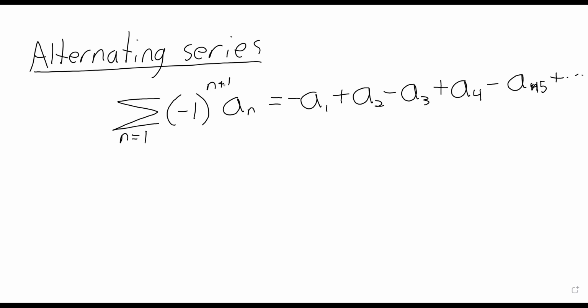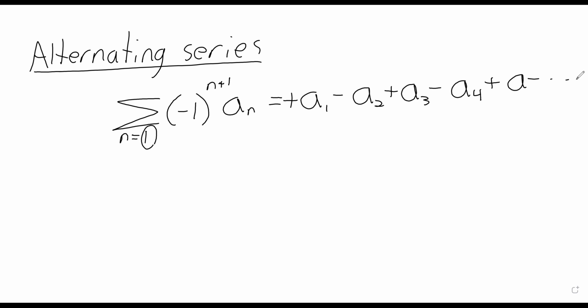And those two things will do exactly the same thing. If we have a +1 in the exponent, now we start with n equals 1. 1 + 1 is 2. So we start with -1 squared. In other words, we start with +1, and then our terms alternate between being positive and being negative.